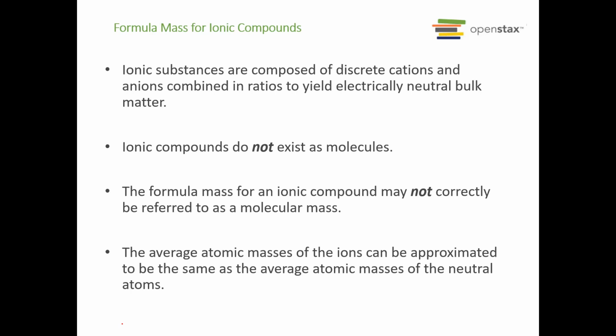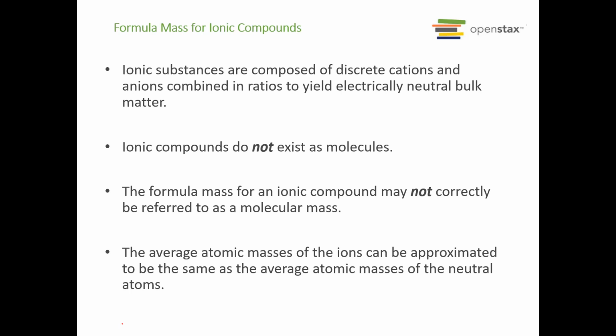Now, ionic compounds have cations and anions that combine in a ratio to give us a neutral substance, but they don't exist as discrete molecules.